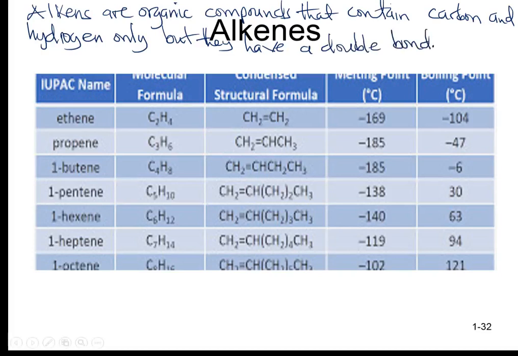So alkenes have a double bond. As you can see here, we have a double bond here, a double bond here, a double bond. But they must contain only carbon and hydrogen. But they should have a double bond. While alkanes also contain only carbon and hydrogen, but they do not have a double bond.